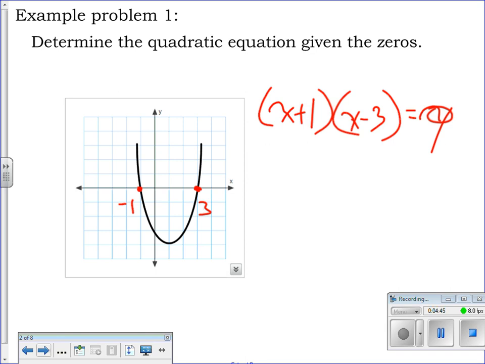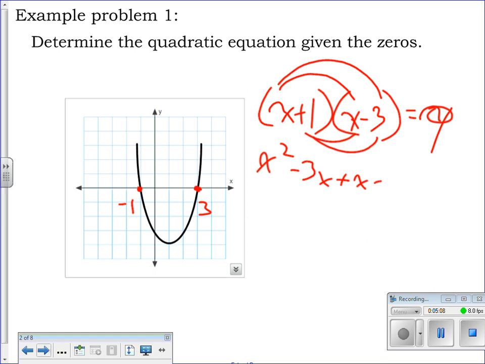Now, we don't want it in that form. We want it in standard form: x squared plus bx plus c. So what do we do? FOIL it out. FOIL, first terms: x times x. Outside terms, negative 3x. Inside terms, 1x.